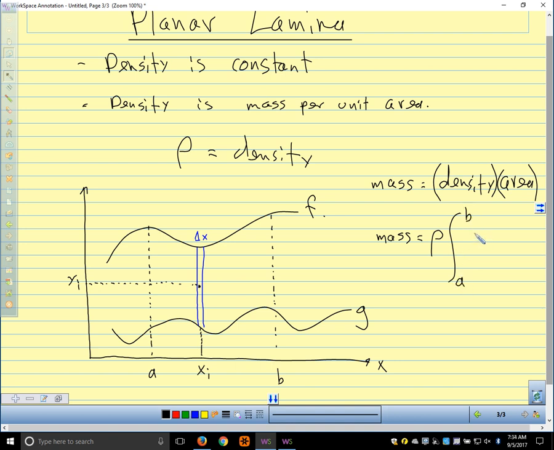How do we find the area between these two curves? Top minus bottom. f minus g. There's our mass. That will give us the mass of the region. In the end, when we find our center of mass, we need to divide by the total mass.